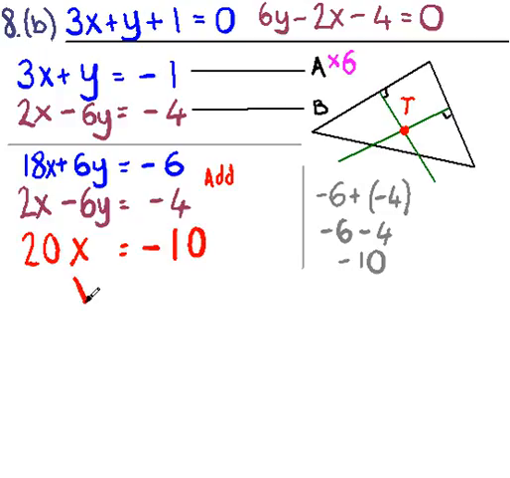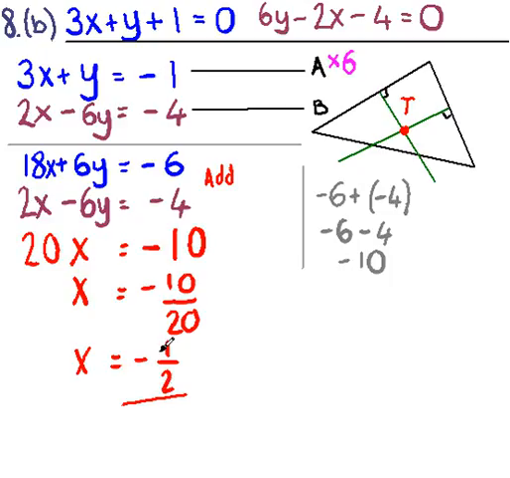That means x is equal to minus 10 divided by 20. And that simplifies to x equals minus a half. So we have our x value for our point. Now we want to work out our y value.